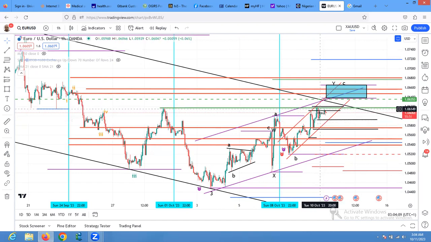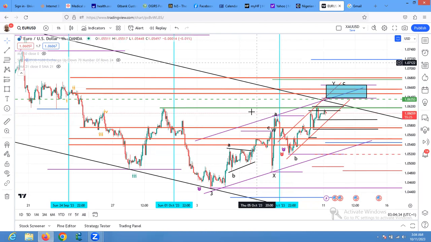But when you understand wave and Fib relationships, you still expect that this is going to come up again and probably take up this place before price comes down again. So that is what we are seeing here now.